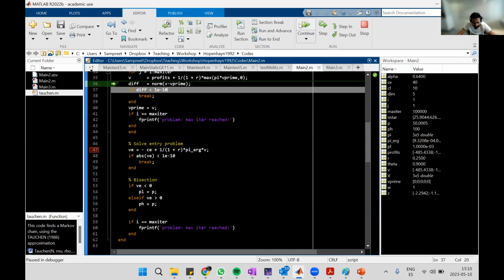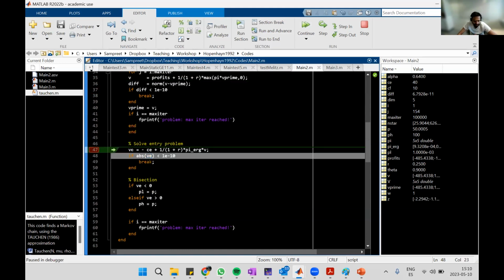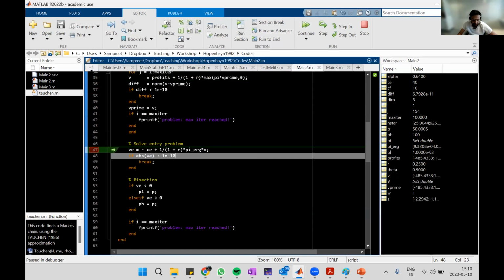So once I have the value of the firm, which looks something like this, now I can compute the value of entry. The value of entry is very easy. I know my value of the firm, which is here.